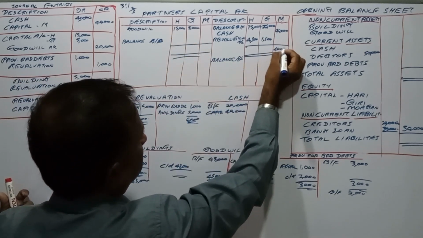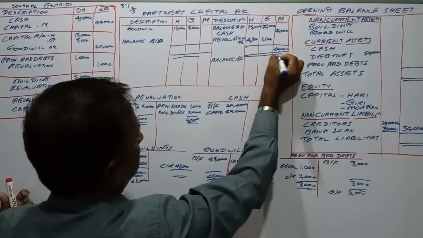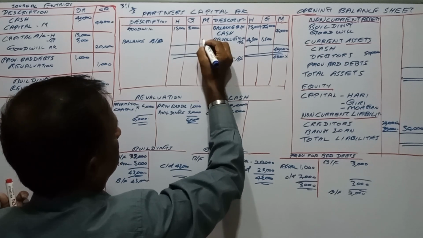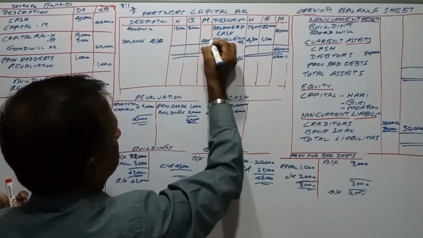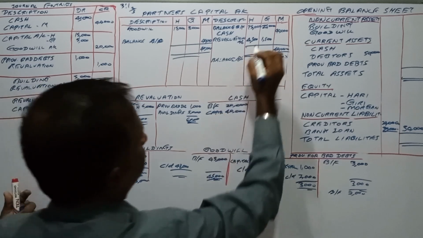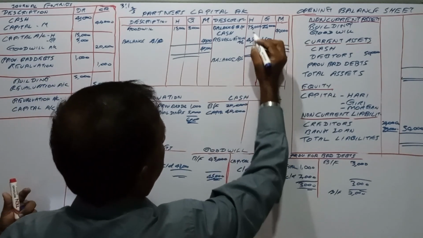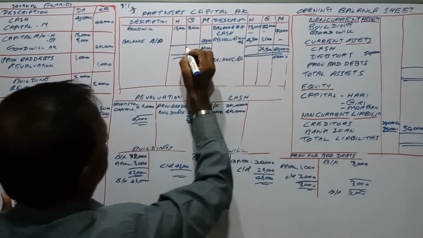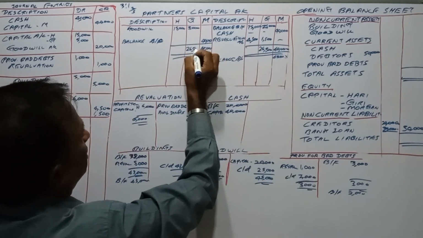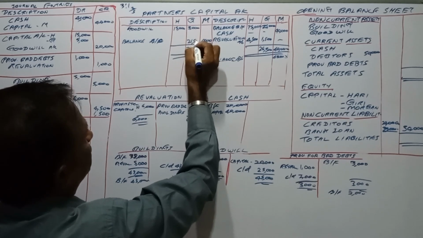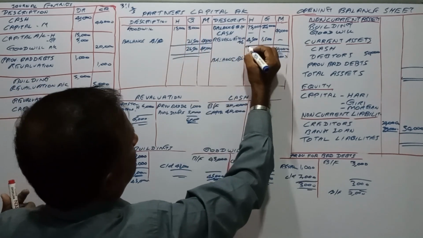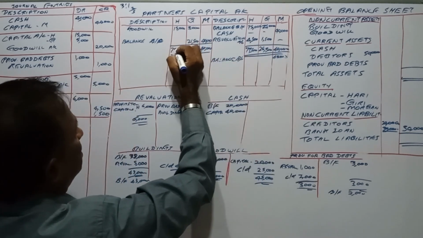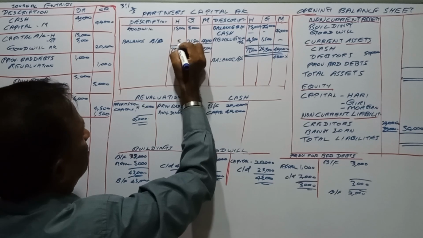Here 40,000, here 40,000. Here 26,500, then 21,500. This is 79,500, here 79,500.